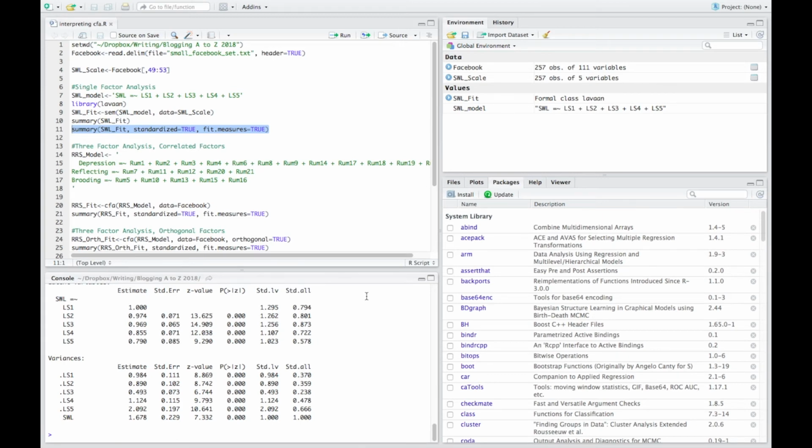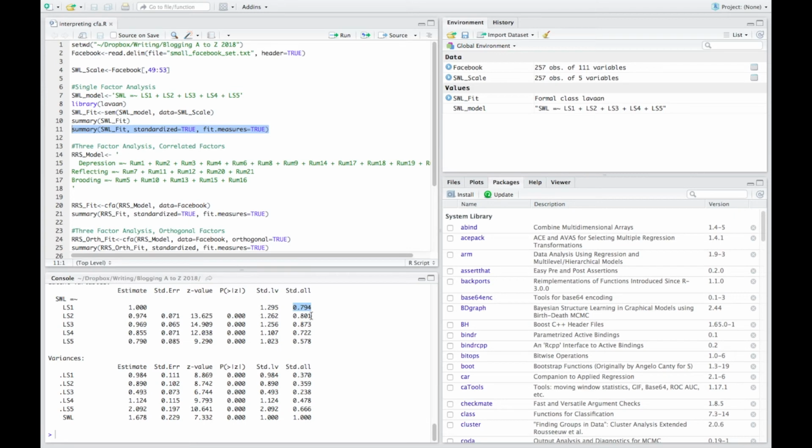These allow you to compare your variables to each other and compare the strength of their relationship with the factor. Standardized loadings range from -1 to +1. They're basically like correlations, the strength of the relationship between LS1 and satisfaction with life standardized.